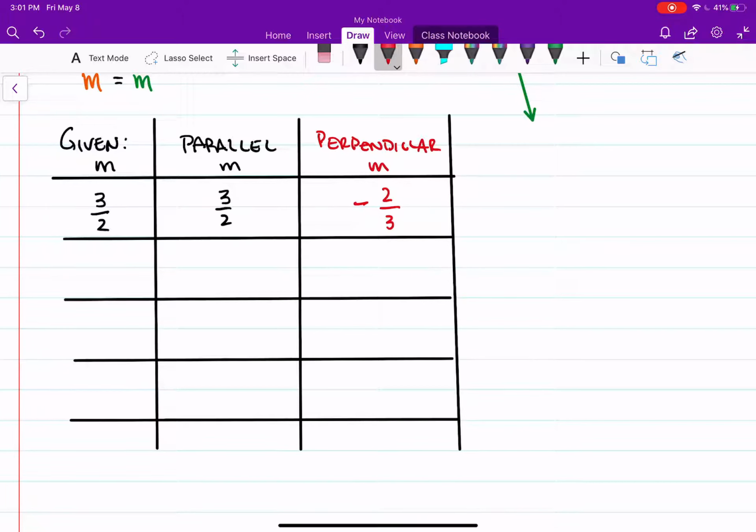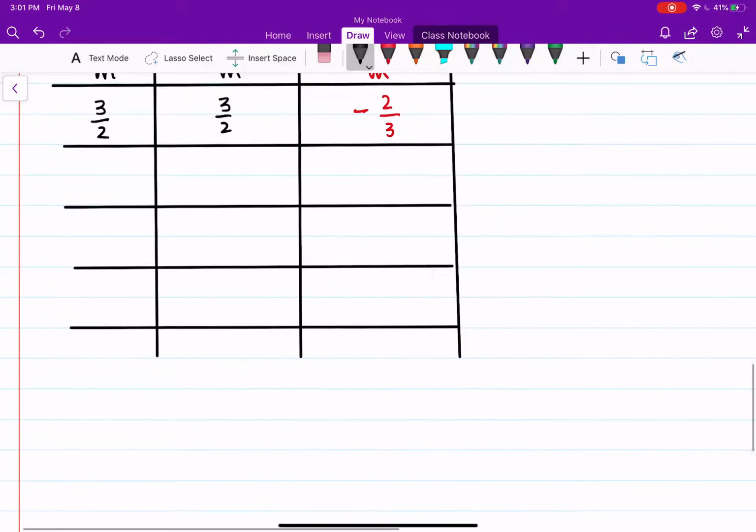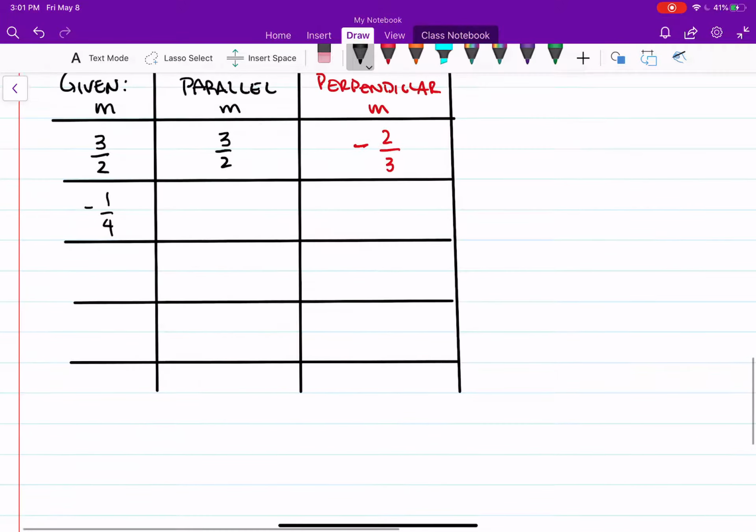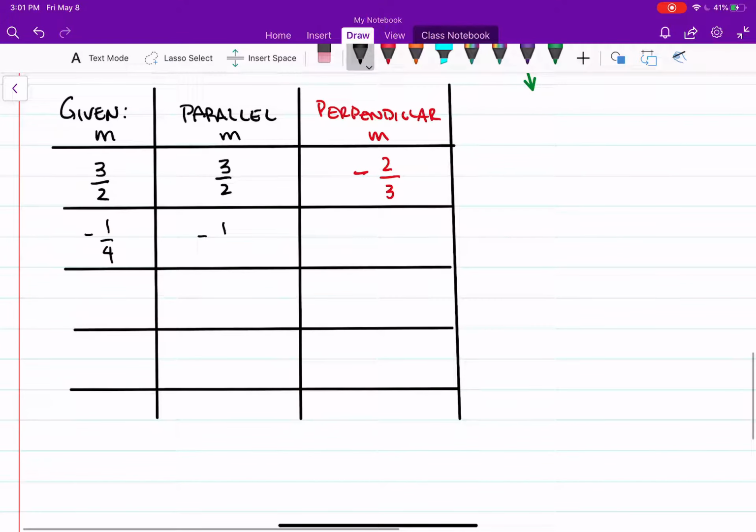How about negative 1/4? Parallel slope would be negative 1/4. If I was to flip and negate negative 1/4, what would it be? It'd be 4. So negating it makes it go from negative to positive. I flip the 1/4, it'll be 4/1, and 4/1 is just plain old 4.